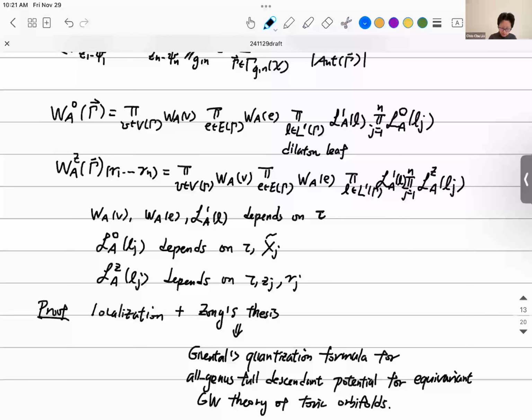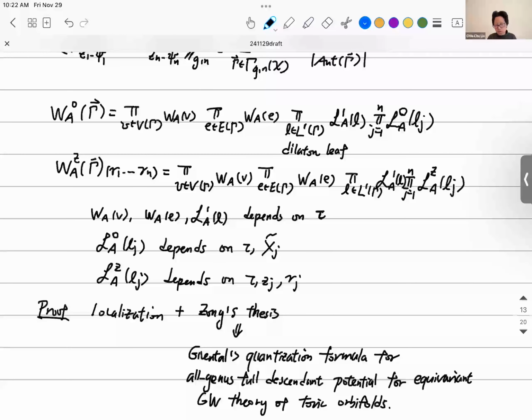Also, there's some unfinished book by Lee and Pandharipande on Givental's proof in the toric manifold case. But now, given Givental's, Xiang Hua Zeng and Tom Coates have some formula for toric bundles, some fiber bundles whose fibers are toric manifolds. So in any case, those cover the toric manifold case.